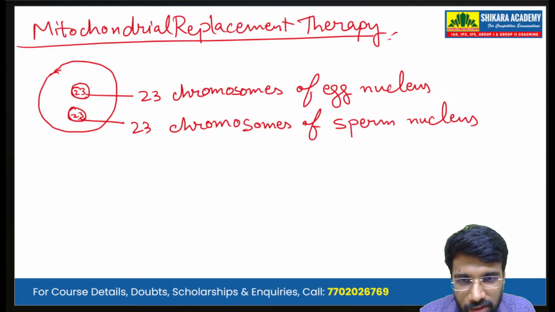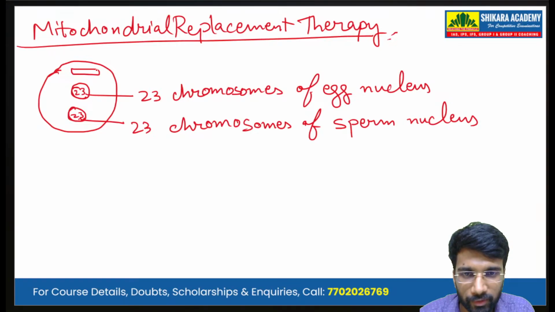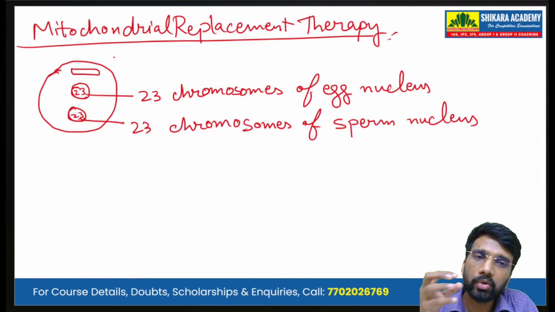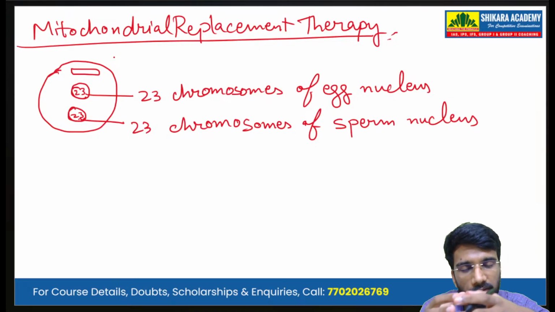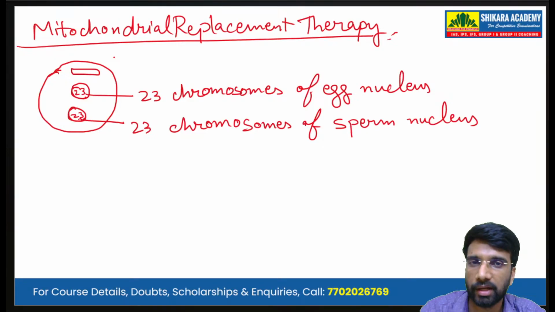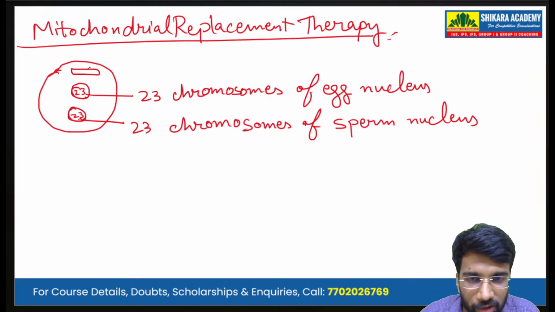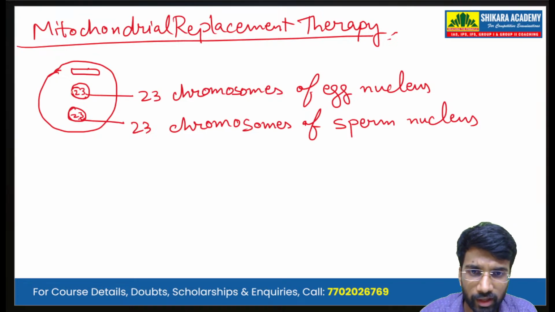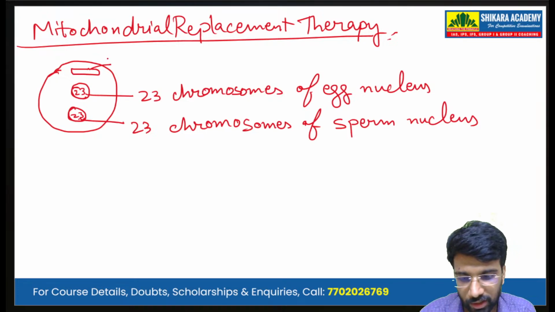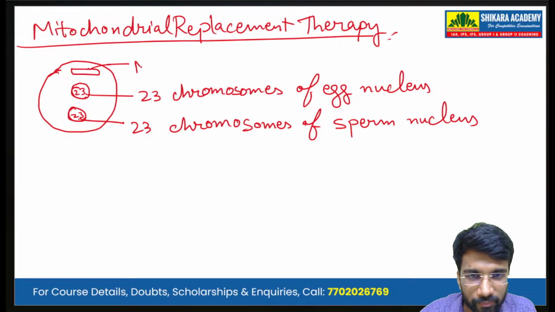And along with this, in the zygote we have a small amount of mitochondrial DNA as well. Now, the term mitochondrial replacement therapy suggests that instead of getting the mitochondria from the egg cell, we remove this mutated mitochondrial DNA.